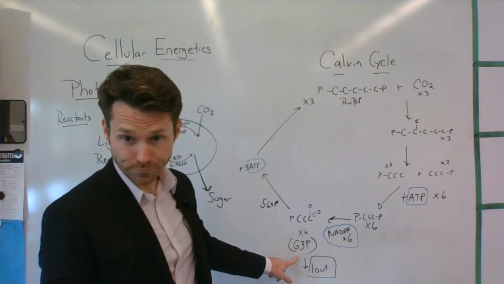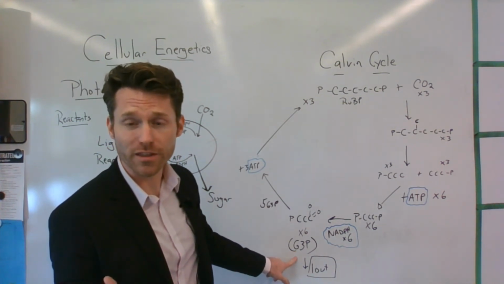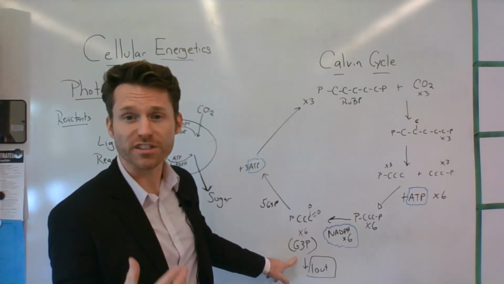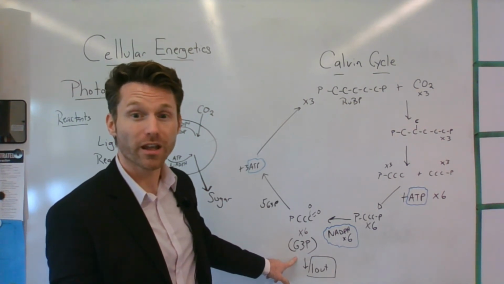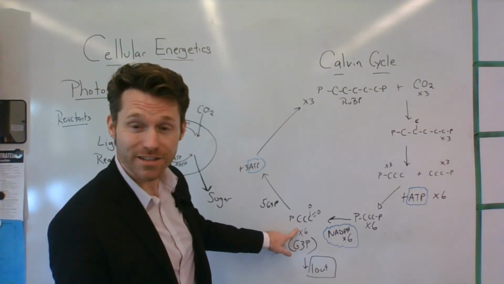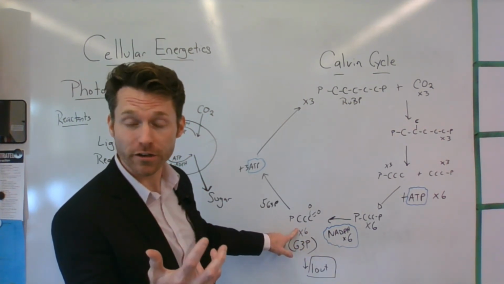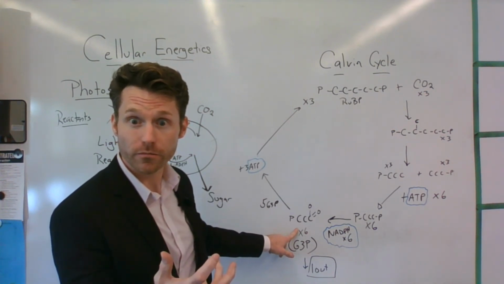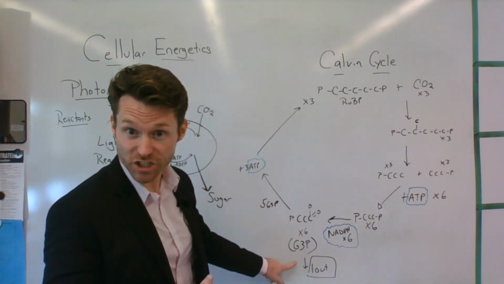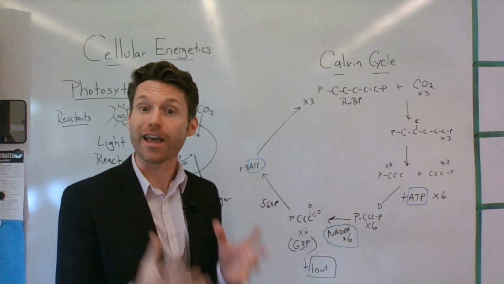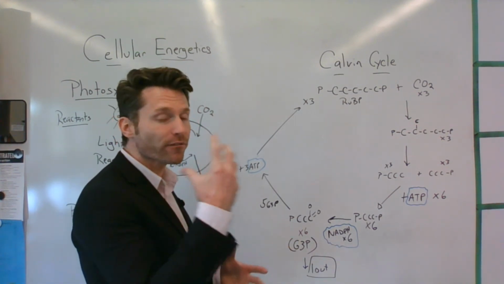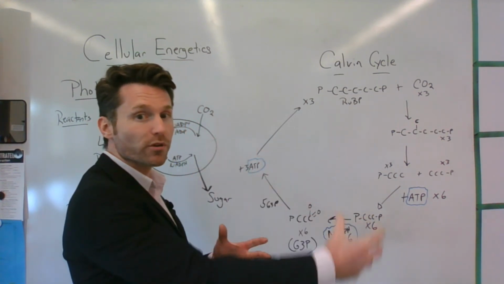The abbreviation for the name of this molecule is G3P. This molecule is the precursor to building a sugar. So this G3P is the end game of our photosynthesis process.